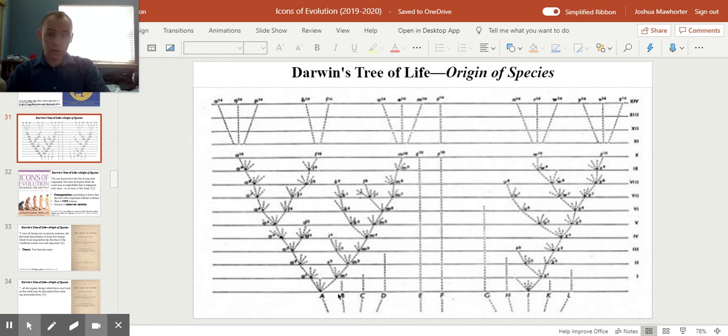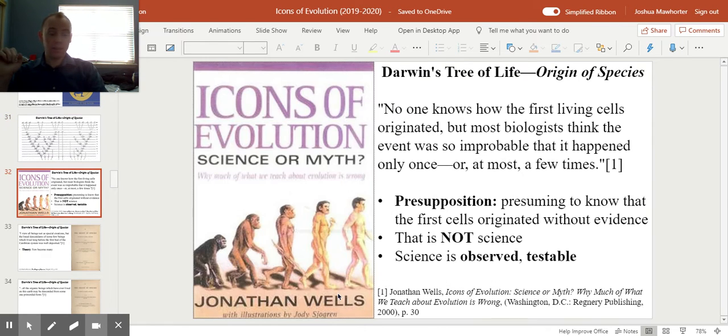Okay, so Darwin's theory has a point as far as it goes, but let's look at the evidence for this. Jonathan Wells, the author of the book, writes, "No one knows how the first living cells originated, but most biologists think that the event was so improbable that it happened only once, or at most a few times."